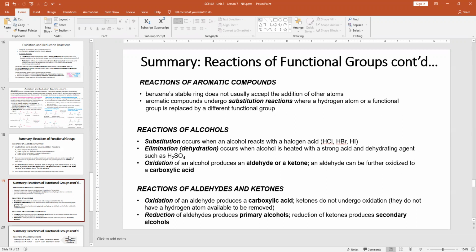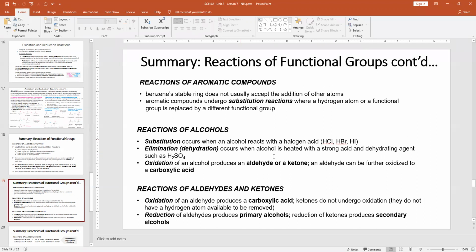And then we talked about reactions of alcohols, where you can have substitution, elimination or dehydration, and oxidation. Substitution takes place when an alcohol reacts with a halogen acid, such as HCl, HBr, or HI. These are all halogens. Hydrogen chloride, hydrogen bromide, hydrogen iodide, hydrogen fluoride.